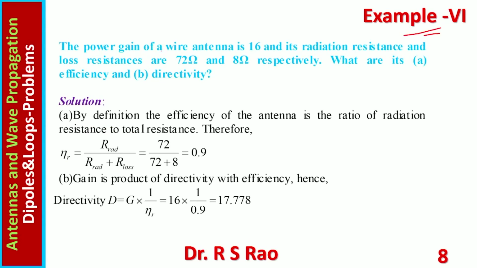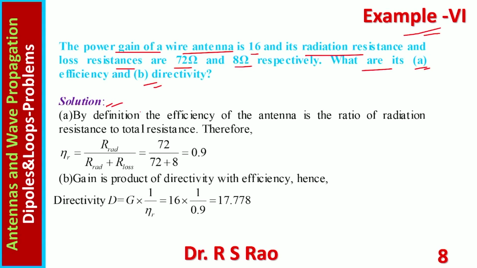Another problem, example 6. The power gain of a wire antenna is 16 and its radiation resistance and loss resistance are 72 ohms and 8 ohms respectively. What are its A, efficiency, B, directivity? Problem is quite simple. Solution.